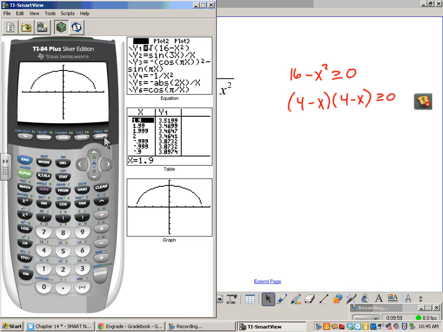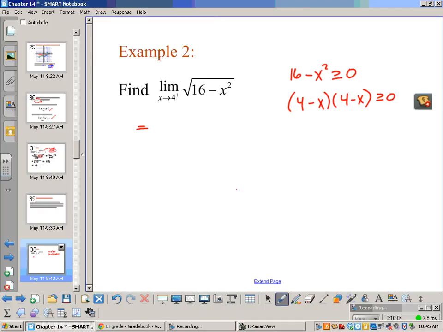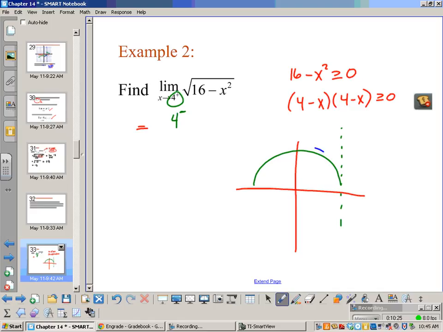Now we want to know what happens as x is approaching 4. We know that our graph looks something like this. Actually, this right here is wrong; this should be like that. We want to approach 4 from the left, the left-hand limit. So there's where x equals 4, and we want to approach it from the left-hand side.